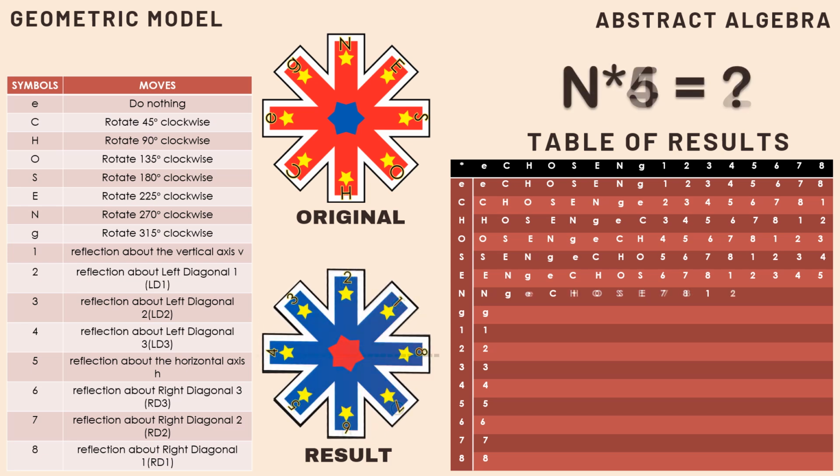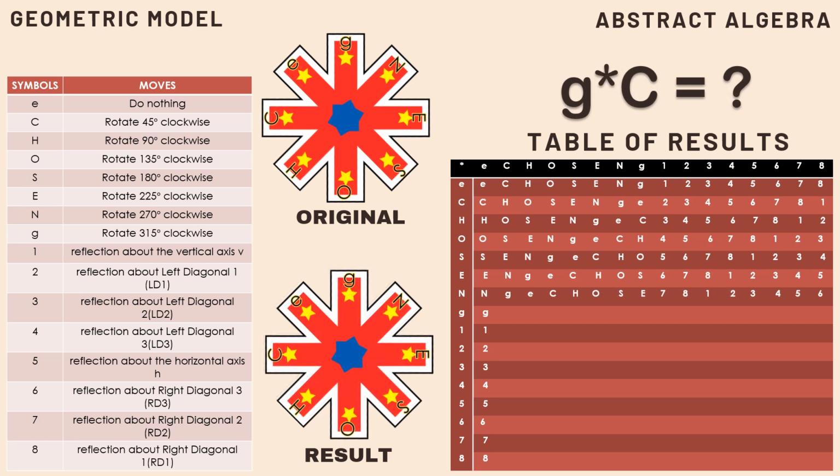N star 5 is 3. N star 6 is 4. N star 7 is 5. N star 8 is 6. Next we have the 8th row.